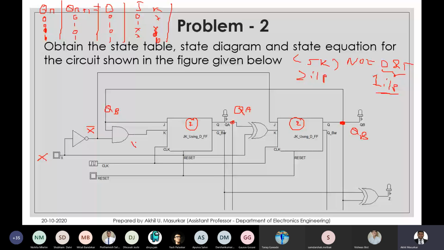So we can simply say J1 is equal to QB and K1 is going to be equal to, this is an AND gate, so X bar dot QB. So this is as far as the first flip-flop is concerned. If you look at the second flip-flop, the J is coming from here. If you track this, you should be able to see this.